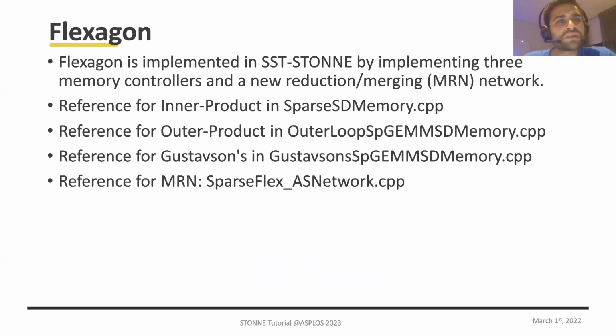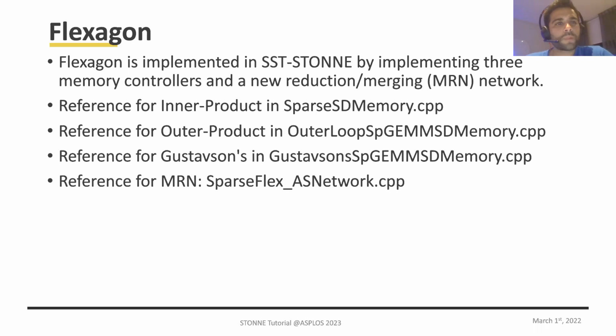So for this reason, Flexagon is implemented in SST-STONNE, and this is the way the results are obtained in our Flexagon paper. And this is done by implementing in SST-STONNE 3 memory controllers, one for each dataflow, inner product, outer product, Gustavson's, and a new reduction merging network that will be presented in our Flexagon session.